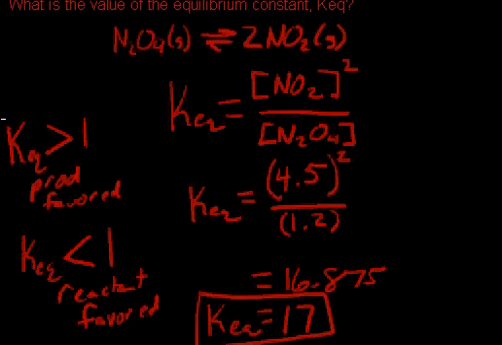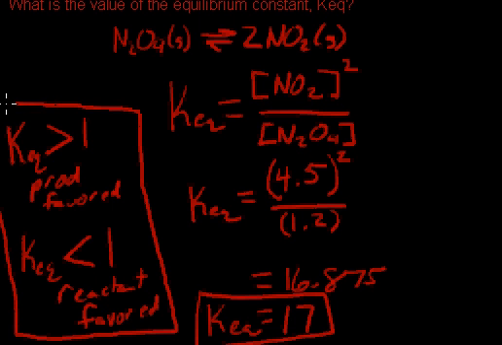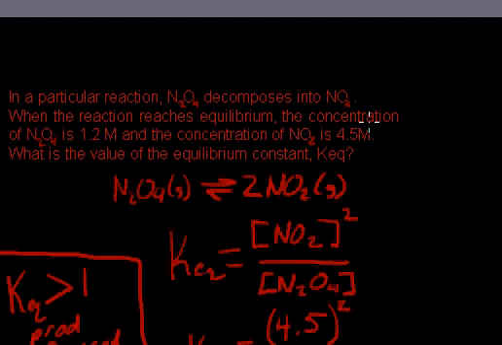So this is an important concept here, an important interpretation of the equilibrium constant. When KEQ is greater than 1, we make more product, and when KEQ is less than 1, we make more reactant. And so you'll see in this particular case, KEQ is greater than 1, and you'll also notice that we had more product, 4.5 molar versus 1.2 molar.